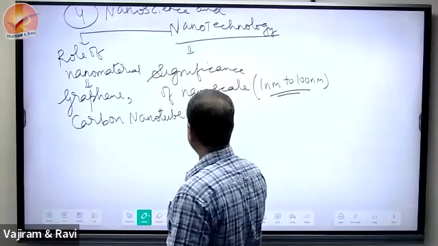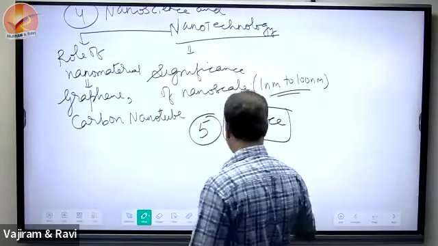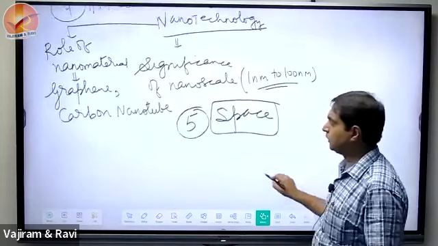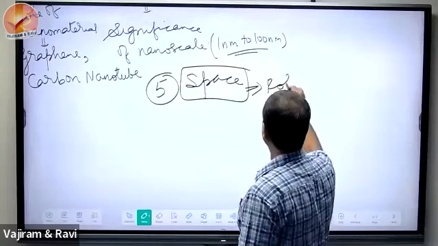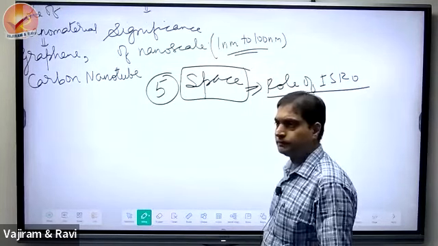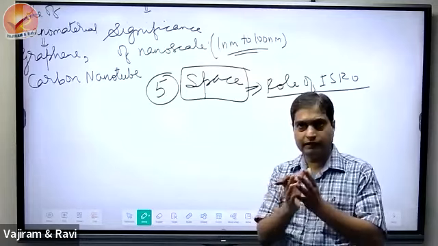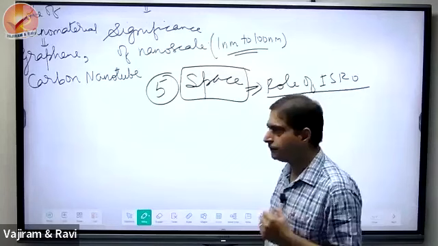Then the fifth chapter, space science and technology. This is also a very important chapter, space science and technology. So here we'll focus on what? Role of ISRO. So different organizational setup of ISRO, different divisions of ISRO, and what is their exact role.